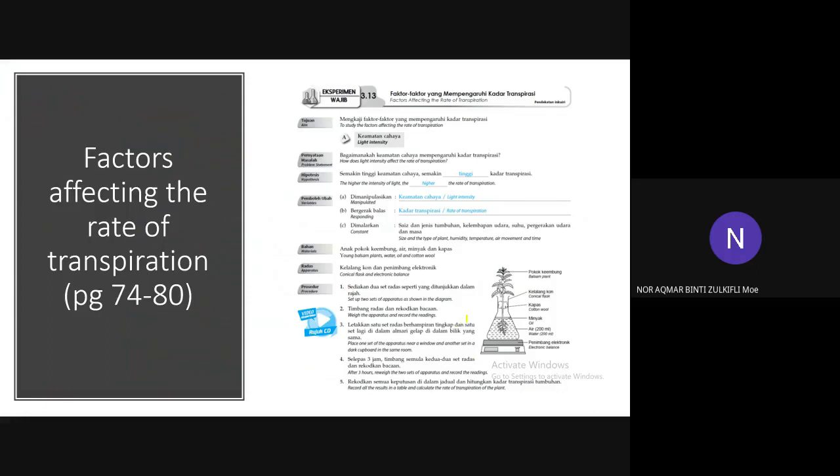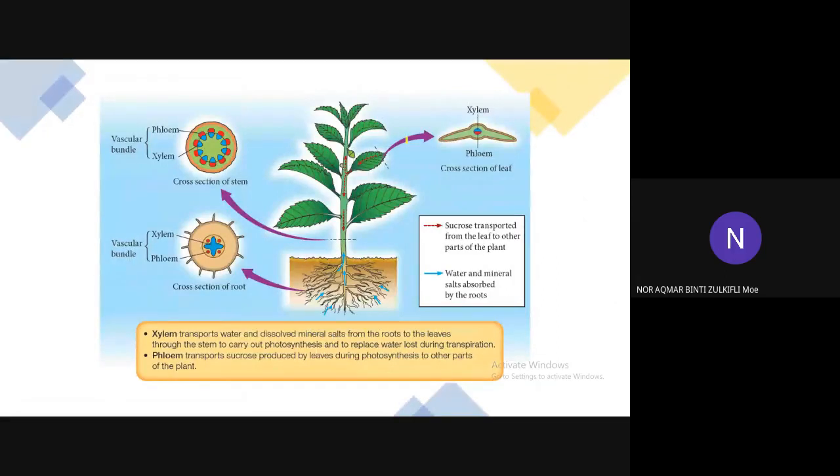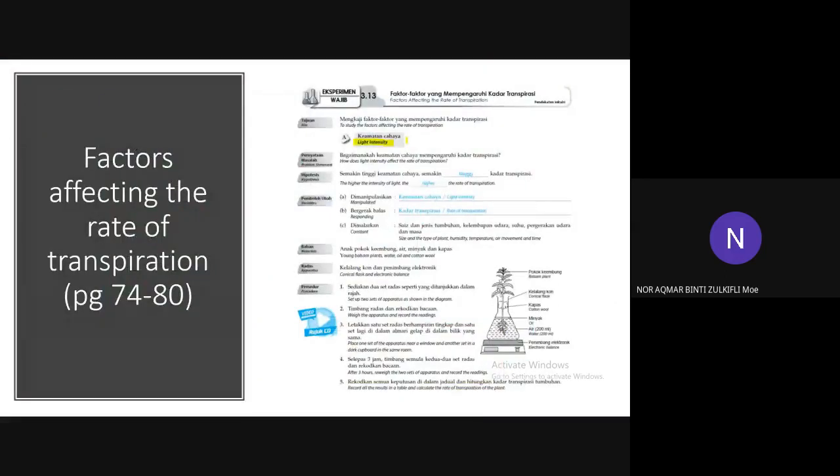You can choose light intensity, air humidity, temperature, or air movement. Okay, and again, please write down a lab report in your test pad and then submit it together with the pulse rate experiment just now. So you have 2 lab reports to be done.